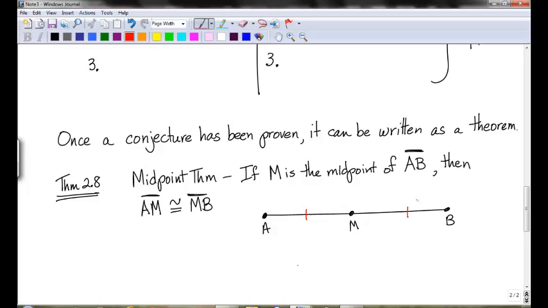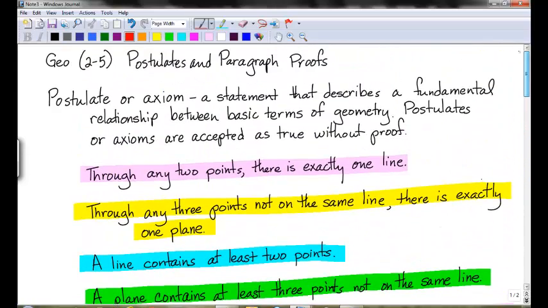Now I hesitate to go back up and do this, but we're going to have to for the notes. Go back up here. We're going to number these, but on the homework, don't just say postulate or P 2.8. You got to write it out in words. Because we're going to have several of these as we're going through this chapter, this first one is in chapter 2. Postulate 2.1. This one's postulate 2.2.